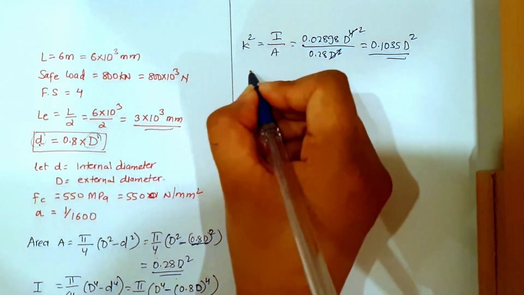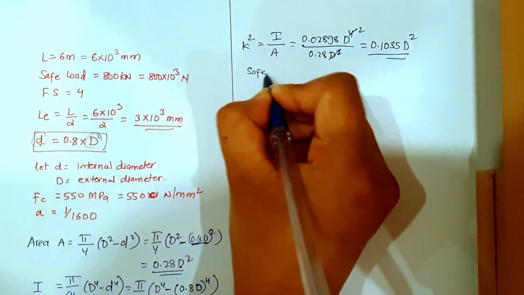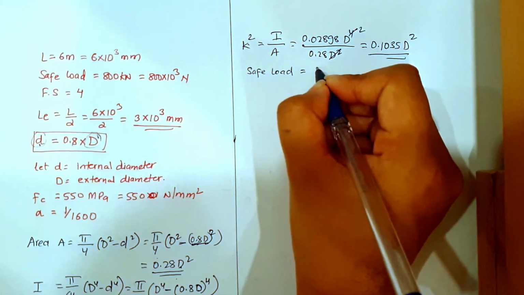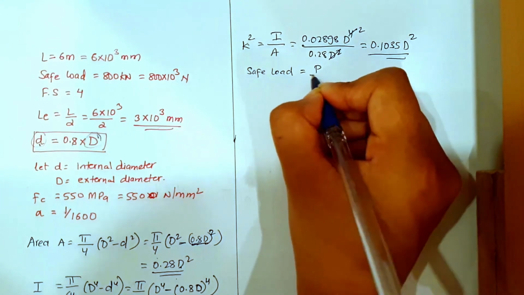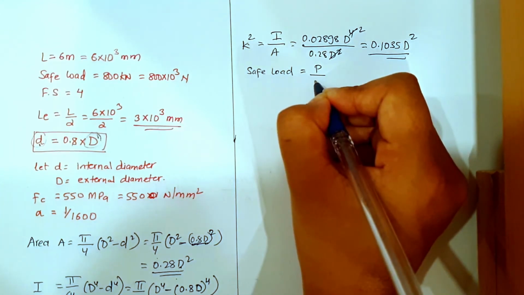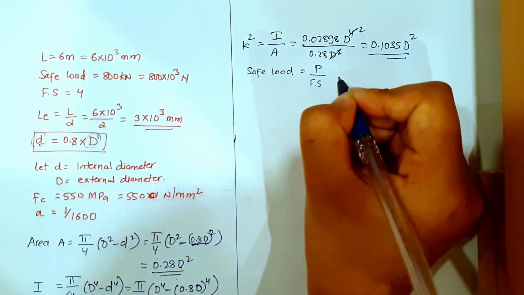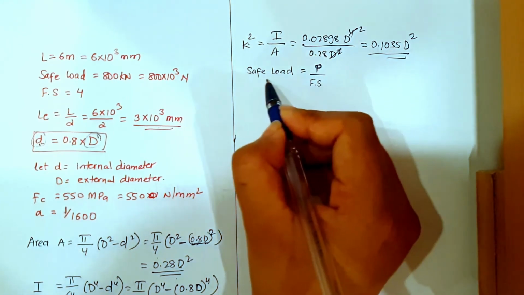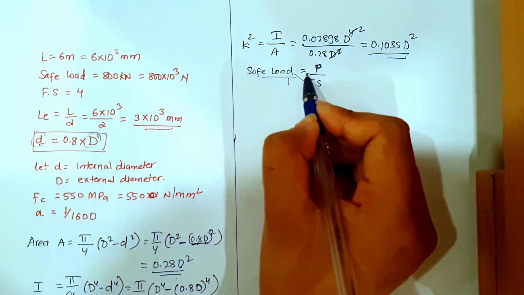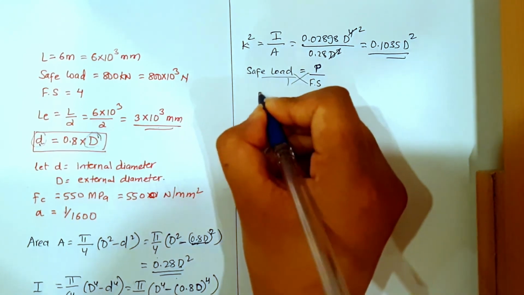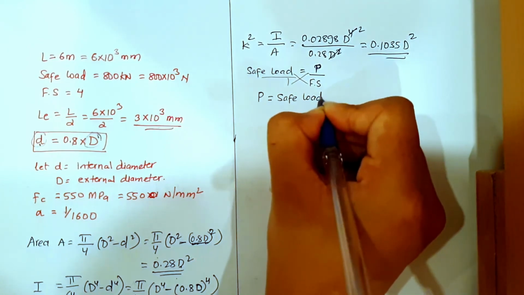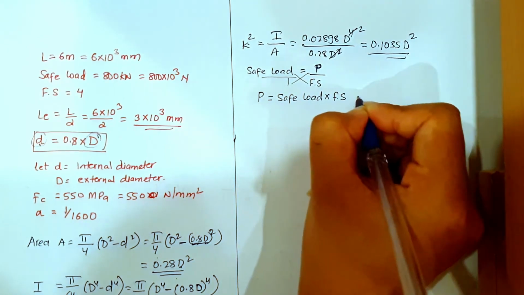Now we know that safe load is equal to P divided by the factor of safety. If you want to find this crippling load P, then if we cross multiply, P will be equal to safe load into factor of safety.